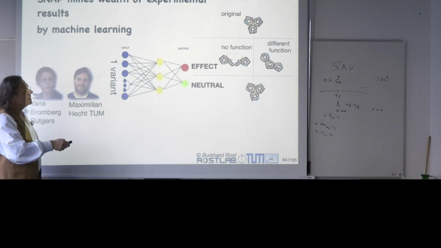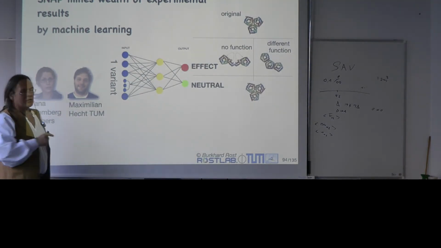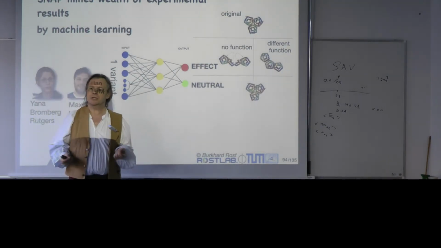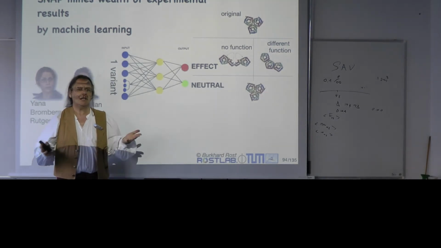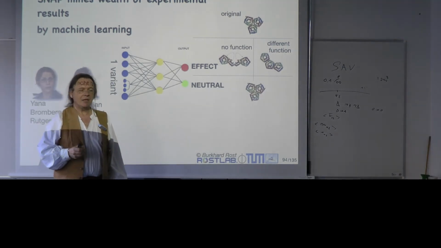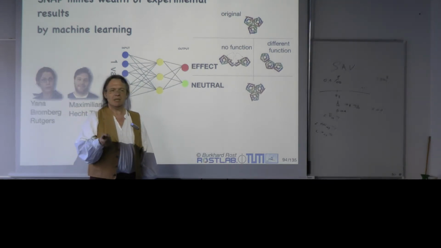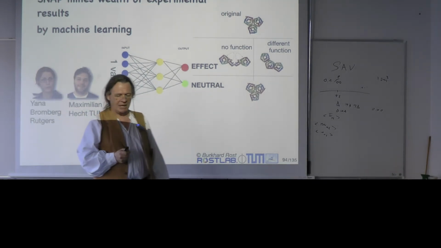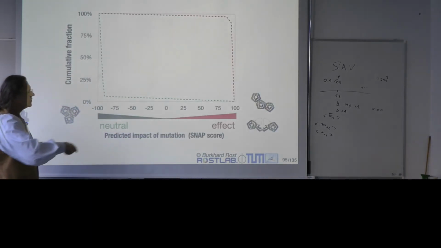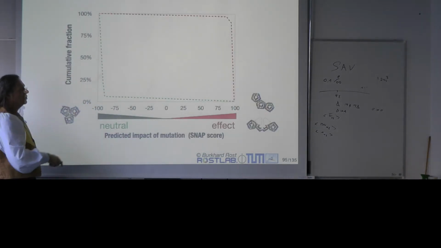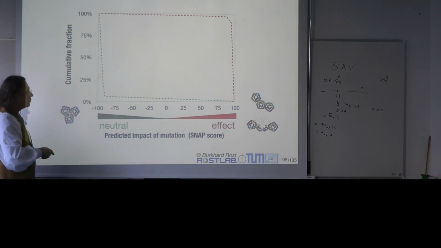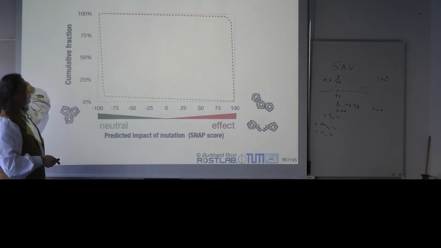So again, my point is that effect for us means it doesn't function at all, or it has a new function. We cannot distinguish. It's just a radical change. And we have cases where SNAP has a very strong score for something that is in fact a beneficial change. We are just blind on that. Again, the SNAP score is between 100, strongly predicted effect, and minus 100, strongly predicted to be neutral.